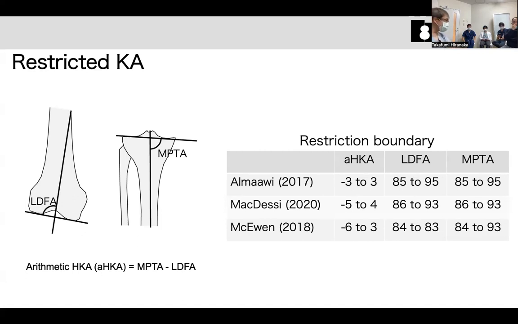About arithmetic HKA, I will allow up to 6 degrees in varus and 3 degrees in valgus. This may be for lateral osteoarthritis, maybe not for medial, because preoperative alignment of LDFA and MPTA can be extreme, such as 82 degrees of LDFA and a varus MPTA. Anyway, we call this limitation the boundary.